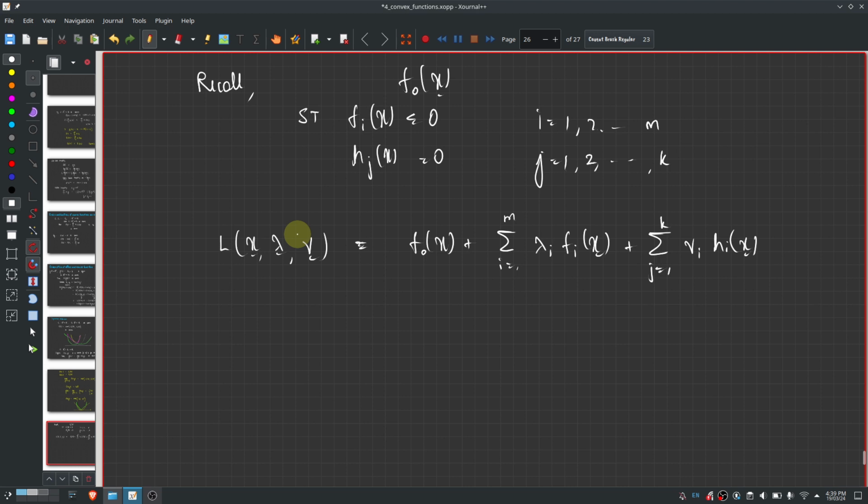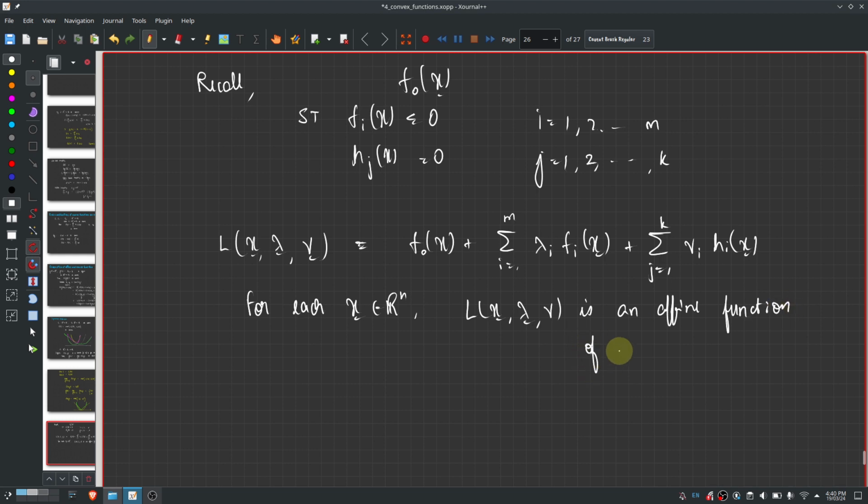It's an affine function from R to the m plus k to R. So for each x in R^n, the Lagrangian L of x, lambda, nu is an affine function of the pair lambda, nu.